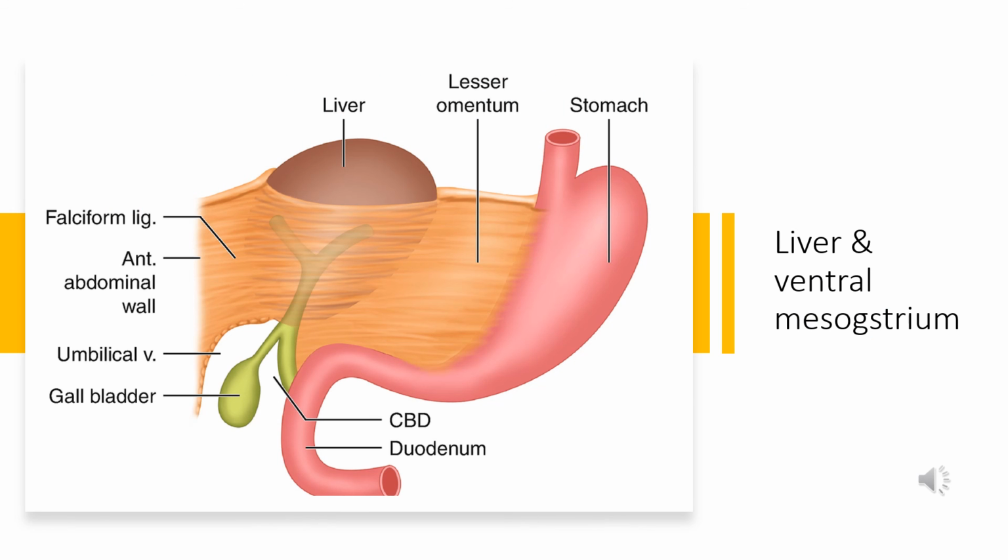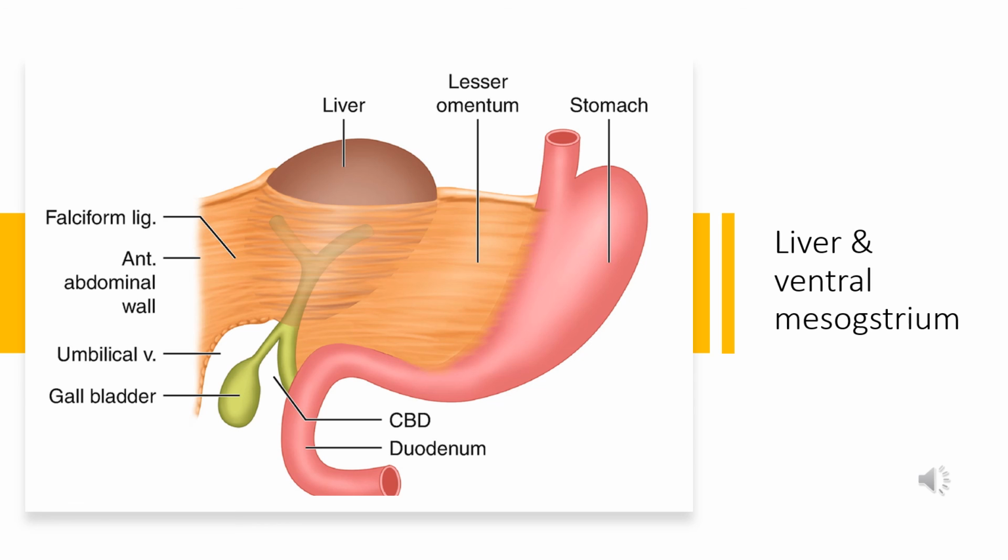Before we end the discussion on the development of the liver, we'll take a quick look at the derivatives of the ventral mesogastrium, which are somewhat important. As you already studied, the ventral mesogastrium extends from the lesser curvature of the stomach to the septum transversum and the anterior abdominal wall.